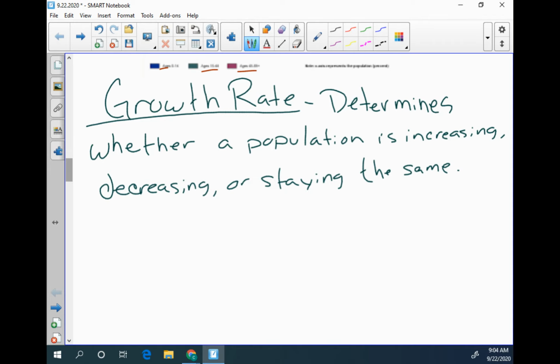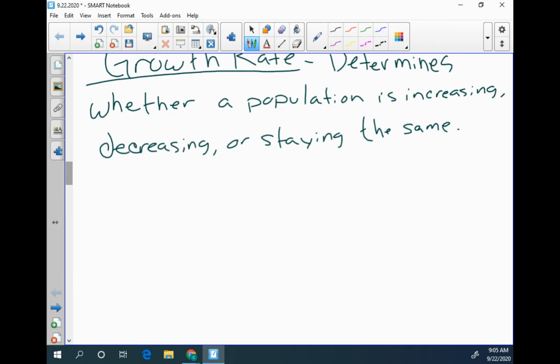You can look at a growth rate and determine whether or not a population will get bigger, get smaller, or remain stable. There are a bunch of factors that affect growth that we're going to talk about.